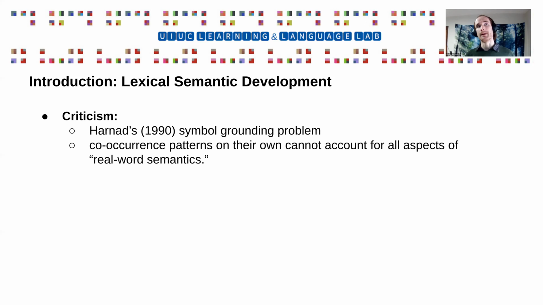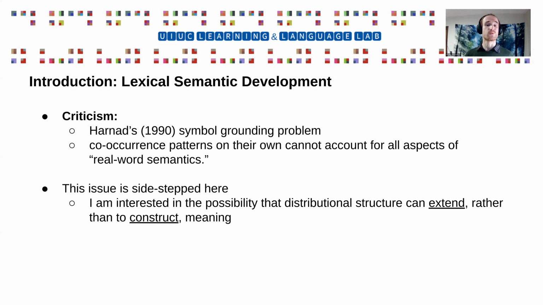I just want to say something about this. The criticism actually doesn't really apply here as much as it does in other work on the distributional hypothesis. Remember, I'm interested in how distributional statistics can be used to extend, rather than to construct, meaning.